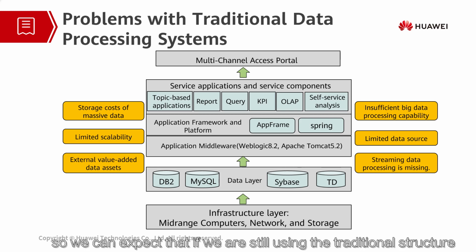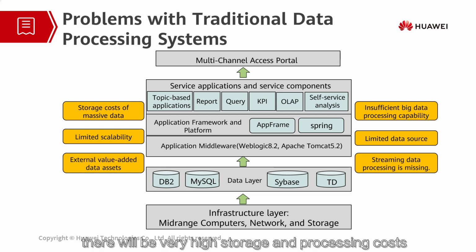So we can expect that if we are still using the traditional structure, there will be very high storage and processing costs. Secondly, the system is highly coupled, which means that the scalability is very limited. If the data volume keeps growing, we need a new system.